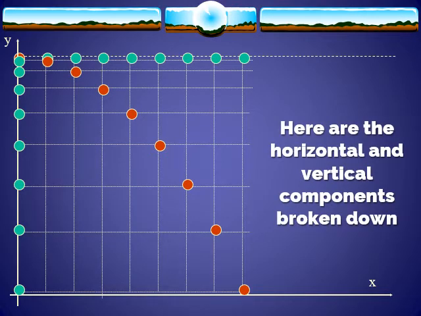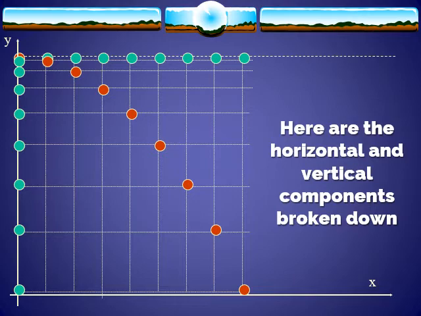Okay, so now in this slide, you can see the horizontal and vertical components broken down. Okay, so you see in the grid, you connect the ones in the x direction and the y direction. You can see the parabolic shape and motion of our projectile in case 1.